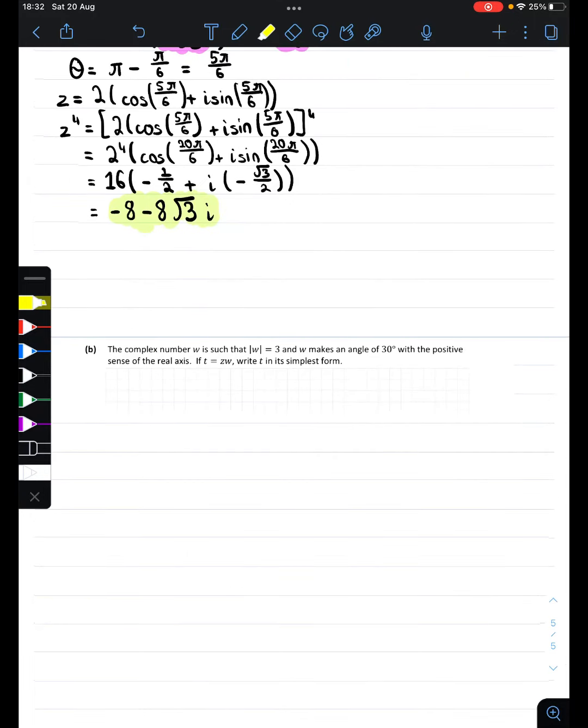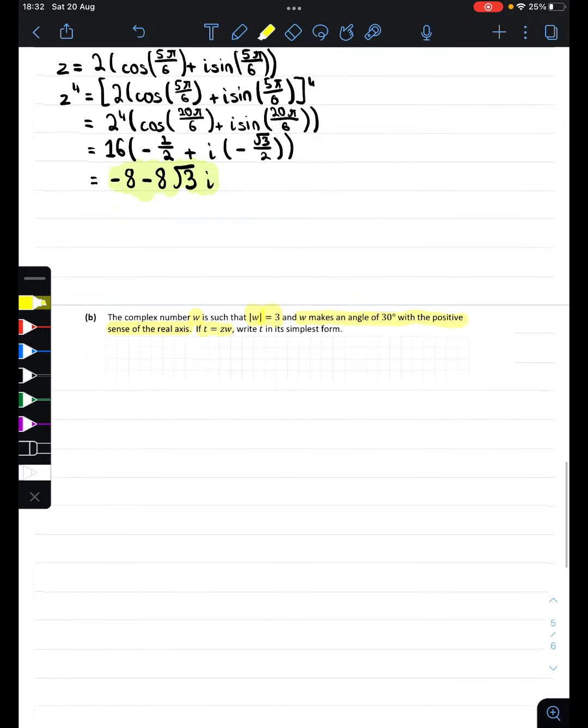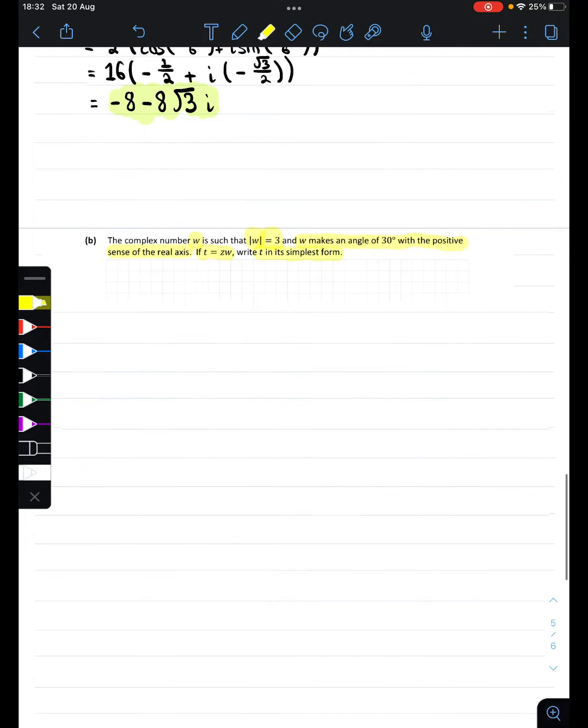The complex number omega, or W, is such that the magnitude of W is 3, and W makes an angle of 30 degrees with the positive sense of the real axis. If T equals ZW, write T in its simplest form.